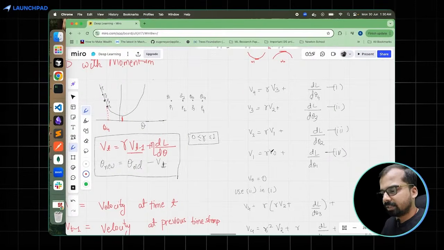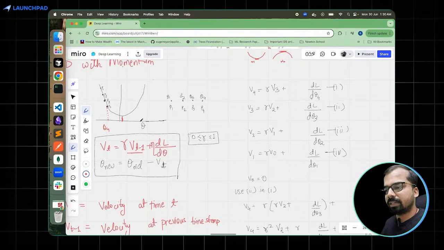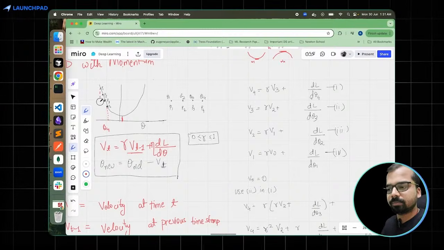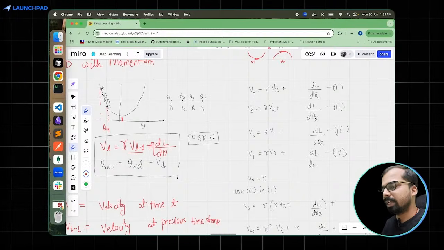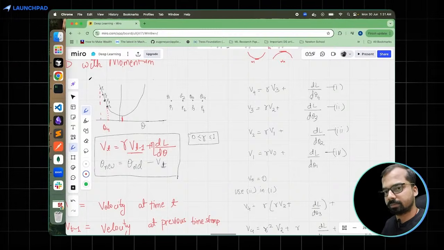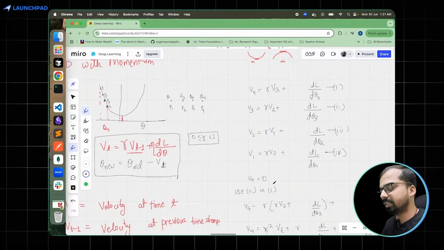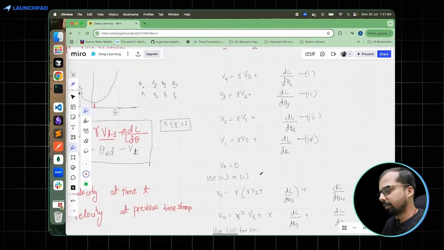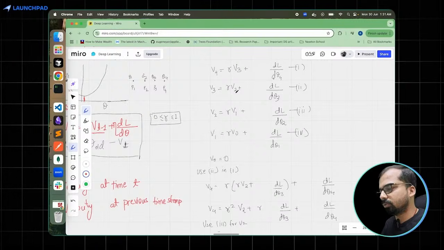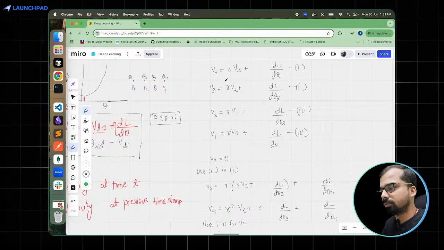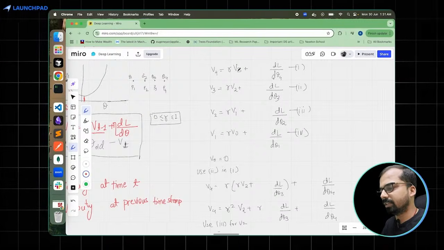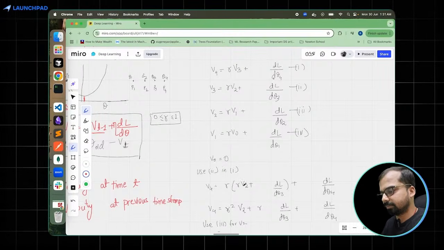Now at V1, when I was at this point, right? I don't have any previous velocities, right? So I have assumed V0 as 0. Now what I'm doing is I'm using the value of V3 in the equation for V4.